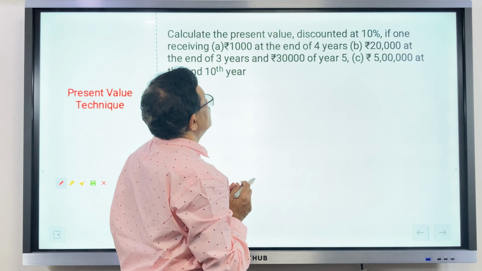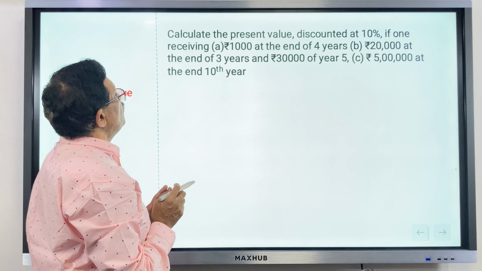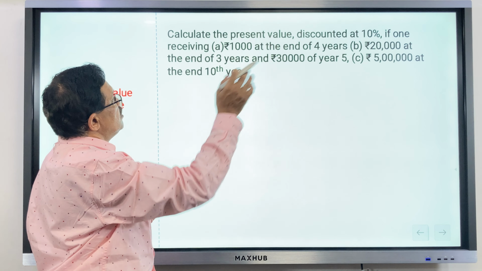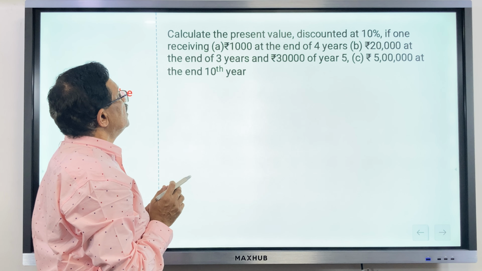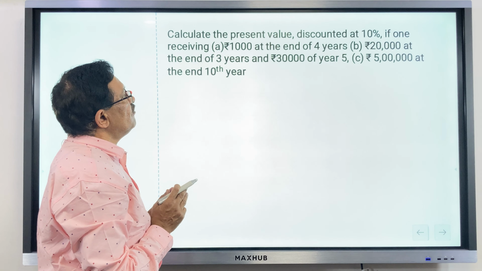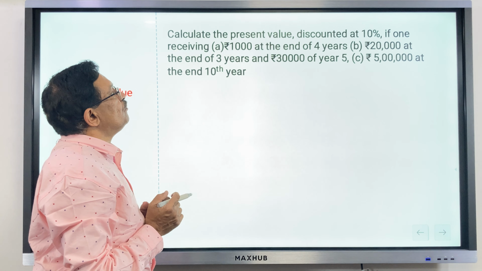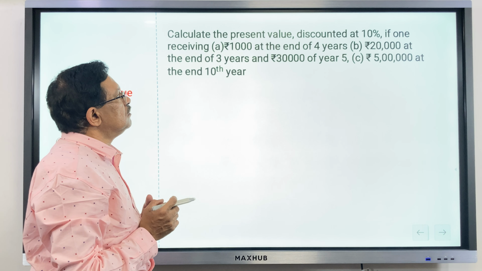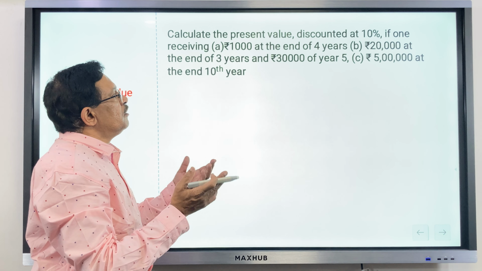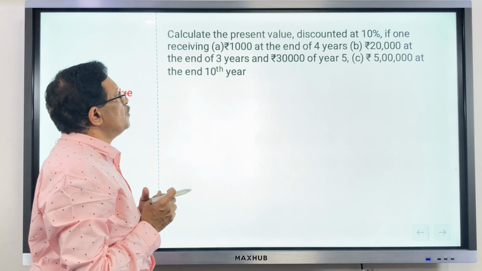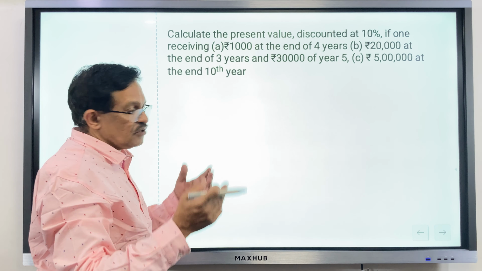Here he says that he is receiving 20,000 at the end of third year and 30,000 at the end of the fifth year. So there are two cash inflows which are going to come in, and he wants to find out what will be the present value of these cash inflows. So there are two different components.